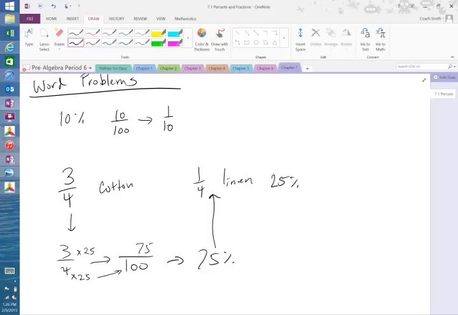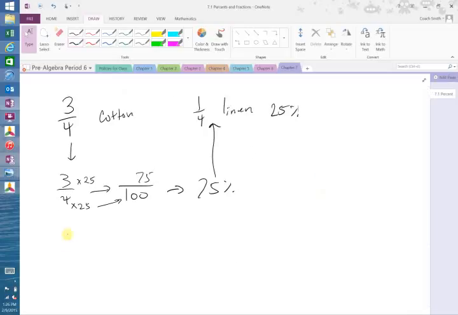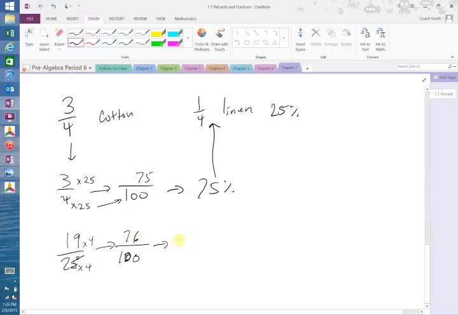So Copeland, what'd you get? Yes, 76%. So you take 19 over 25, and you make it into a fraction with 100 on the bottom, which gives us 76 over 100, which is 76%.